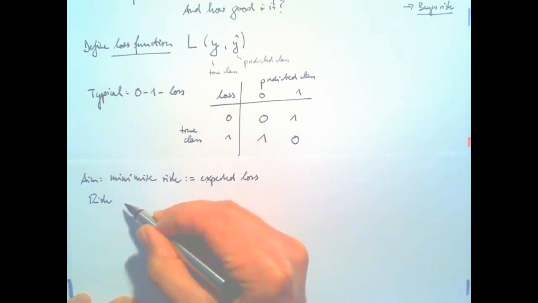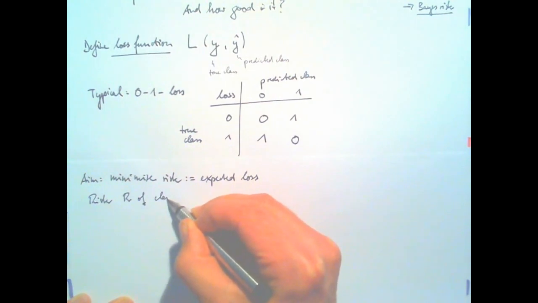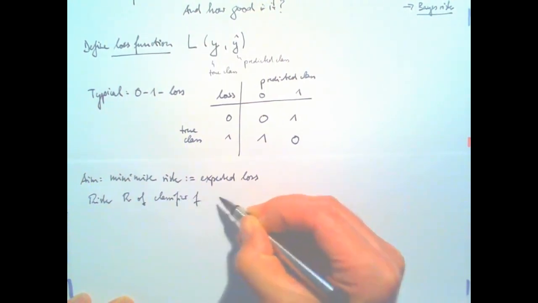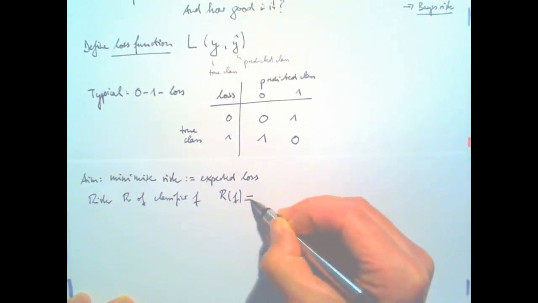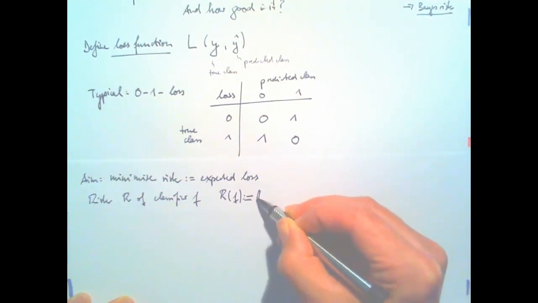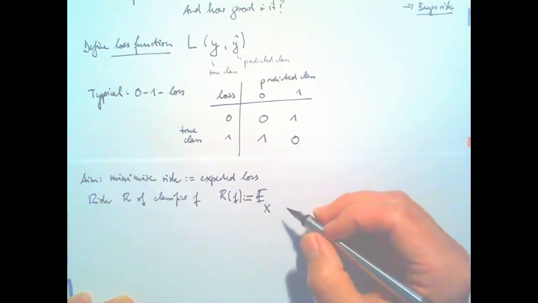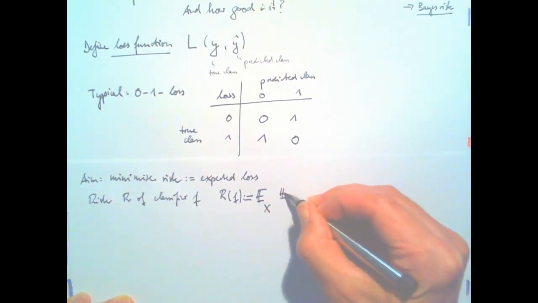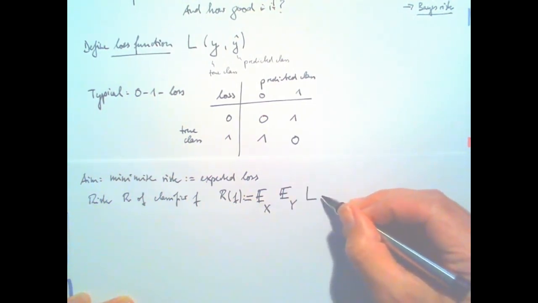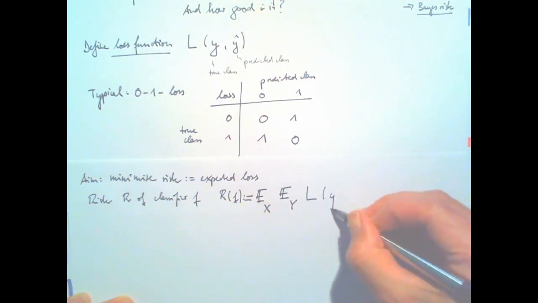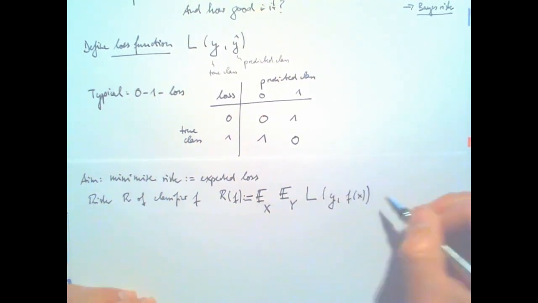So the risk R of a classifier F is defined as the expectation over all possible features that we could see and all possible classes that we could have of the loss function and the prediction.